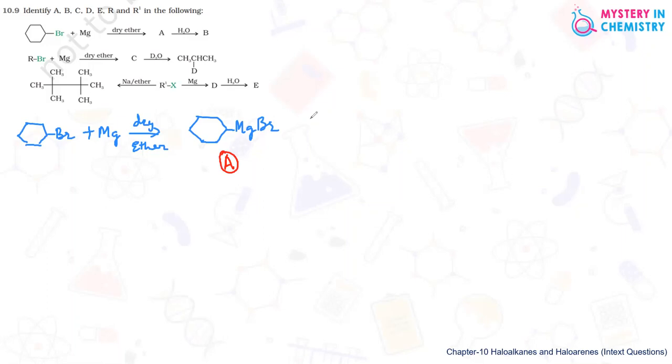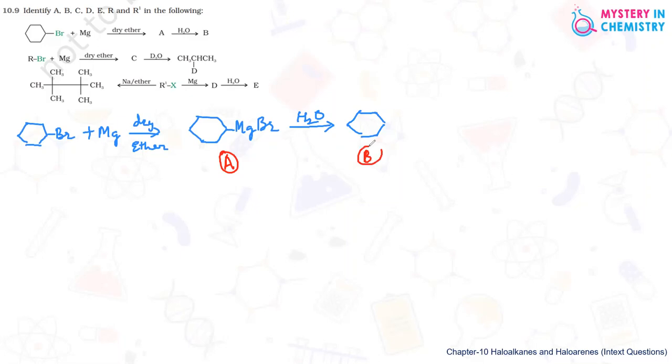Next one is B compound. For the B compound, again by this reaction, when reacting with water, B compound is formed. So B compound should actually be cyclohexane. How is this B compound formed?